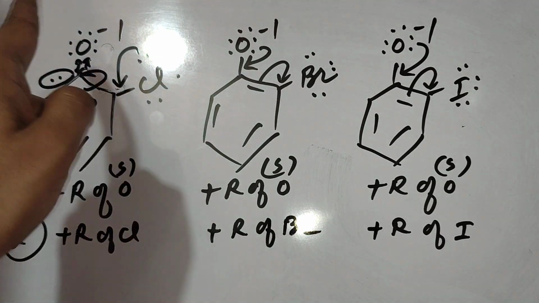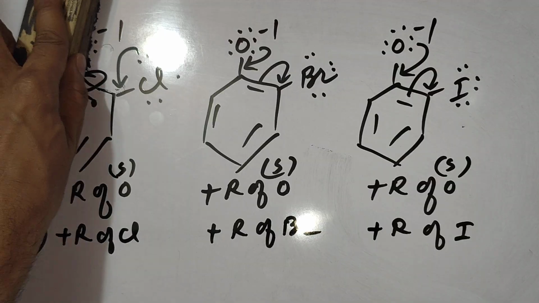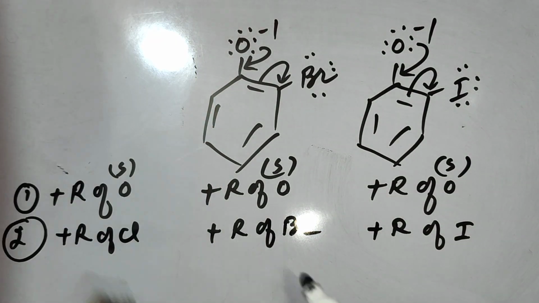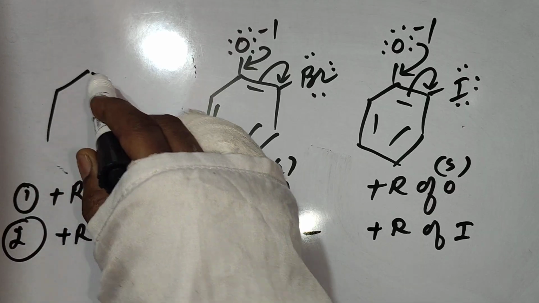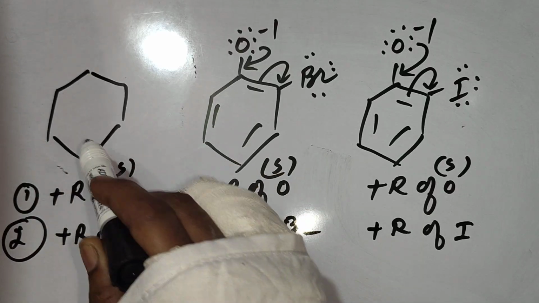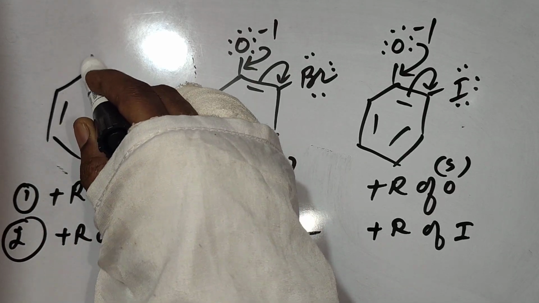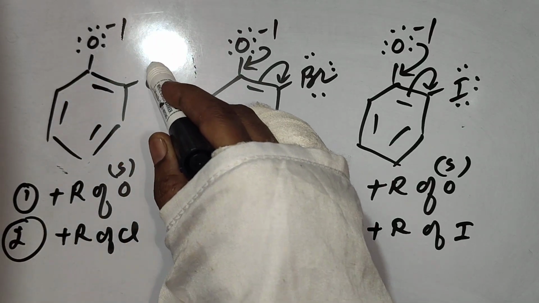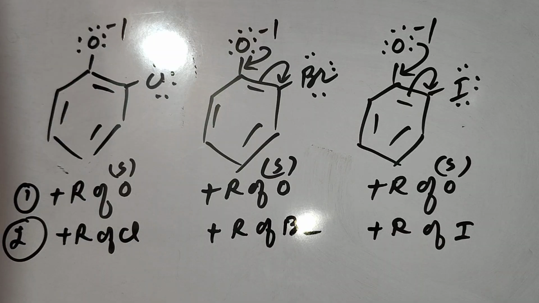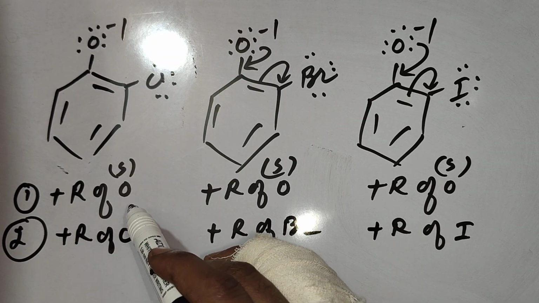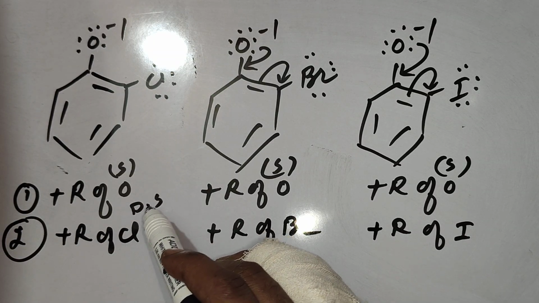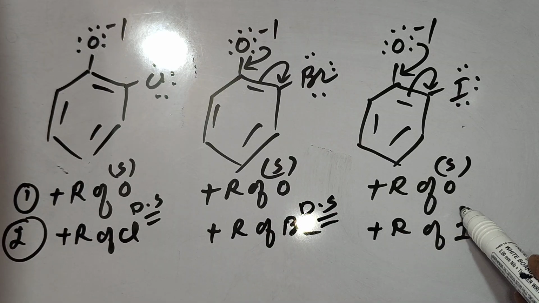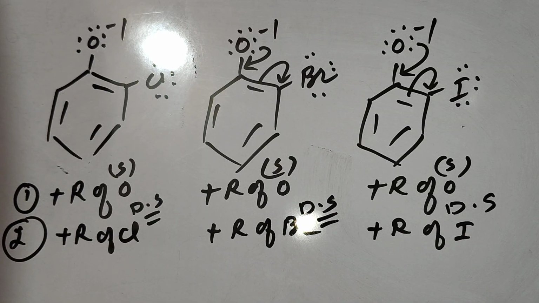This factor will destabilize it. Let's draw it again. So plus R of Cl is a destabilizing factor. Destabilizing factor, D dot S.